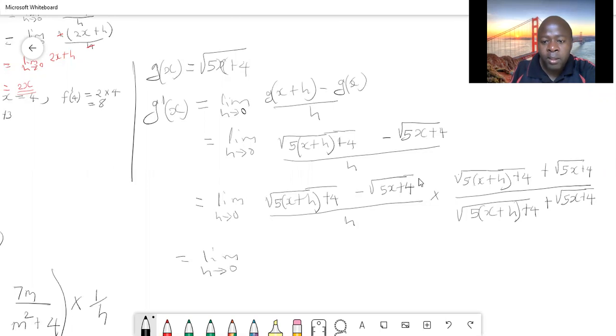We are just multiplying the normal way we do. So multiplying this part with this part gives us what is inside the square root, which is 5x plus 5h plus 4.